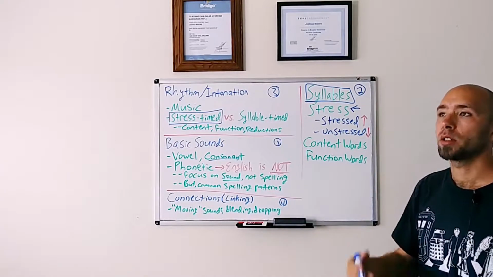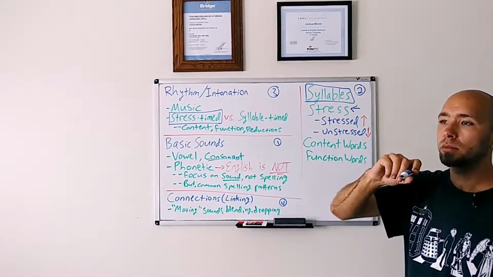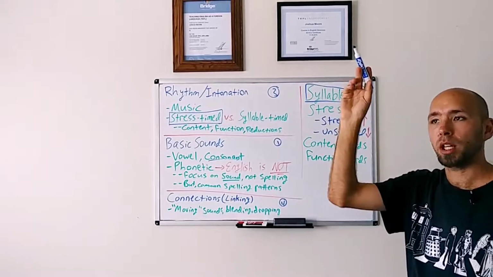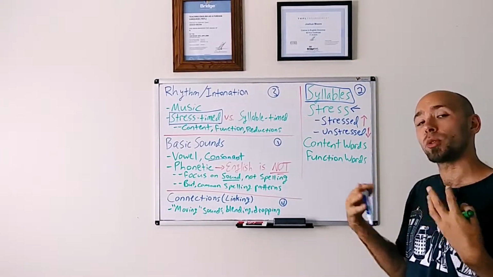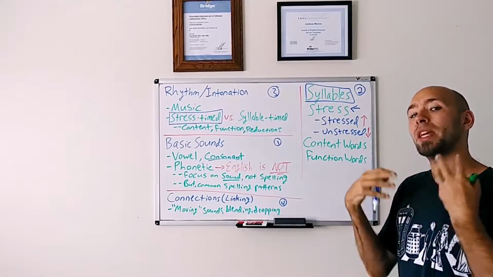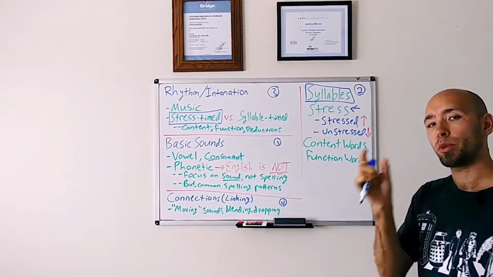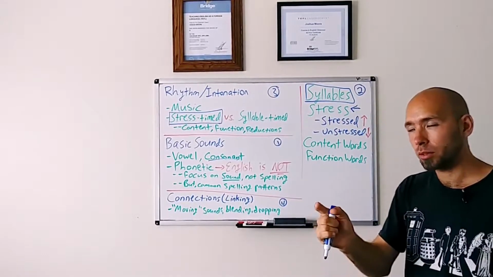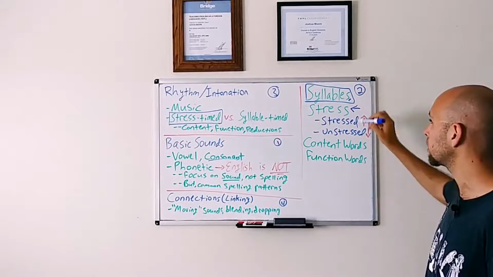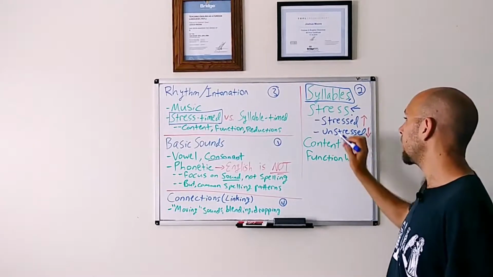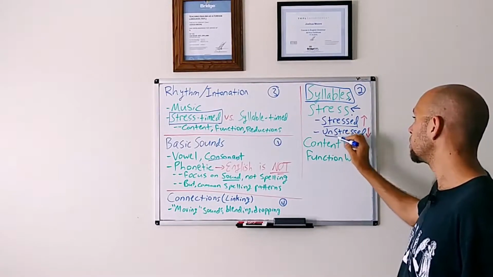Now, what is stress? Very simply, stress is what goes up and what goes down in terms of the loudness or the pitch or the length of a particular syllable, right? So now that we know what a syllable is, we can talk about stress. So we have stressed and unstressed.